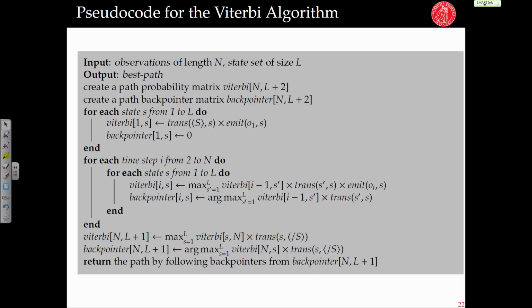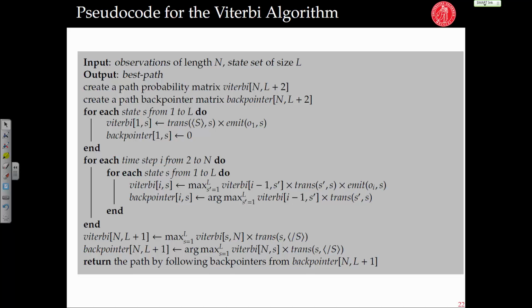We call this the Viterbi matrix, which has two dimensions, n and L plus 2. So n is the length of the observation sequence, and L plus 2 is the size of the tag set L, plus 2 for the start and end states.